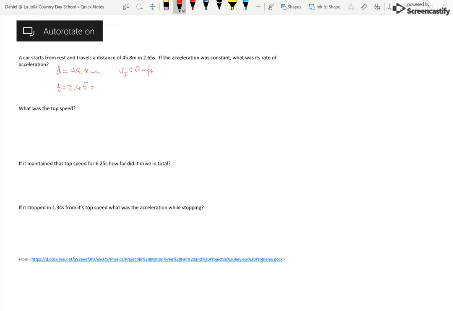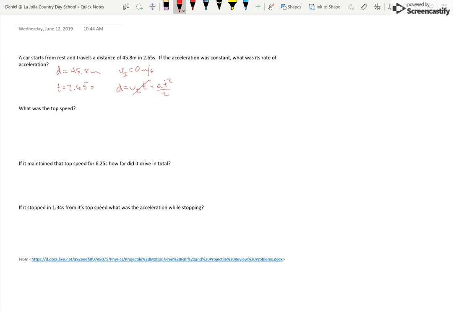So what does that mean? That means that we can go off the fact that our distance equation is going to look like d equals VIT plus AT squared over 2. That would give us the full range of all the variables we're looking at. Because VI is 0, we can get rid of that.